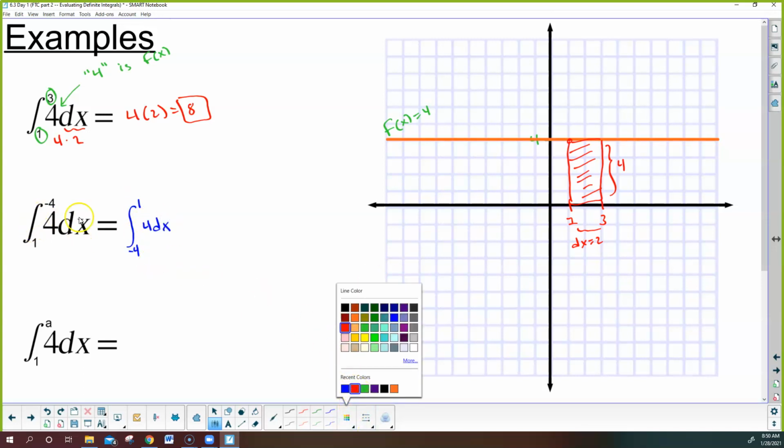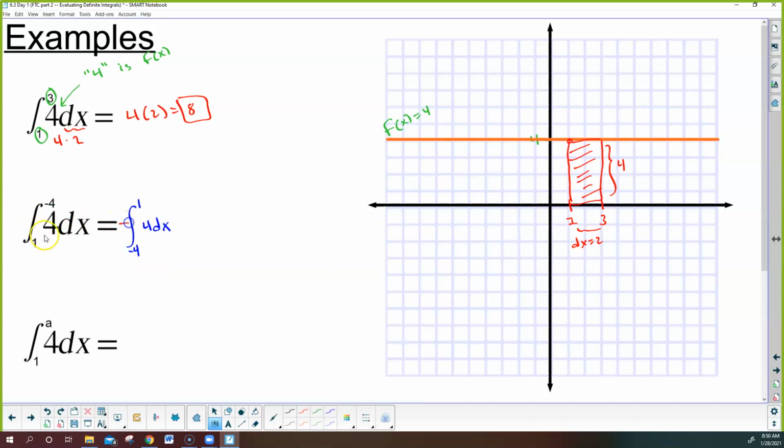However, what did I do? I flipped the bound, so I have to compensate for that and make it negative. And that was the one property that we just introduced on the last slide or two. Now this is nothing new or different. We're finding the area from -4 to 1, and that's nothing crazy.